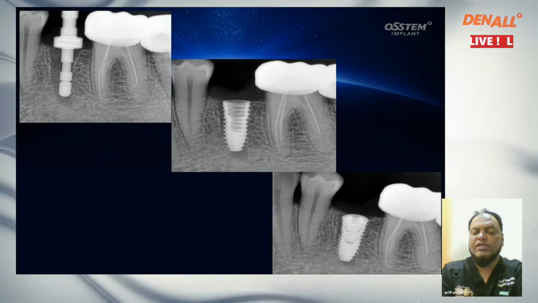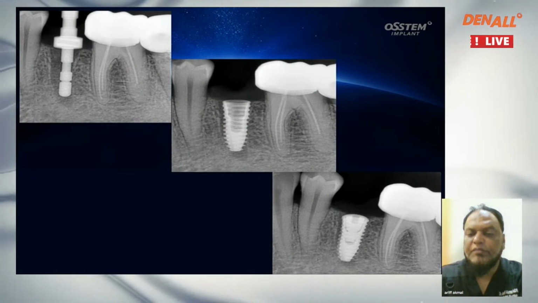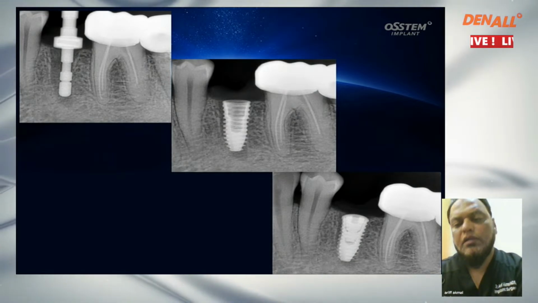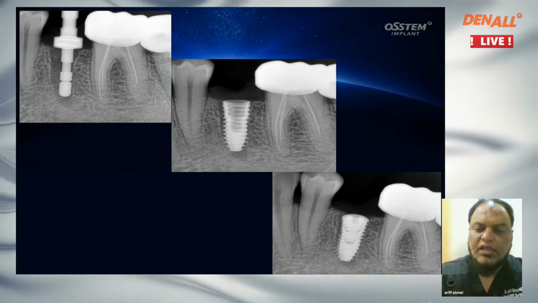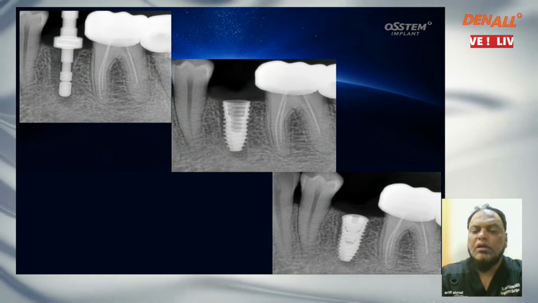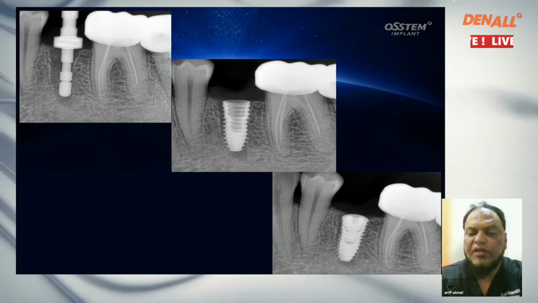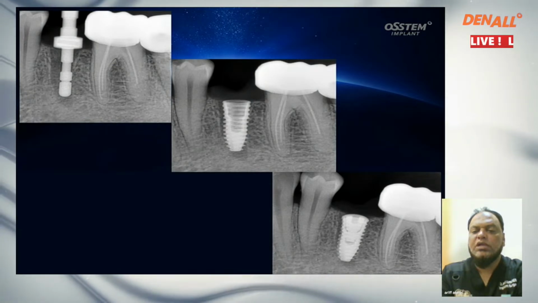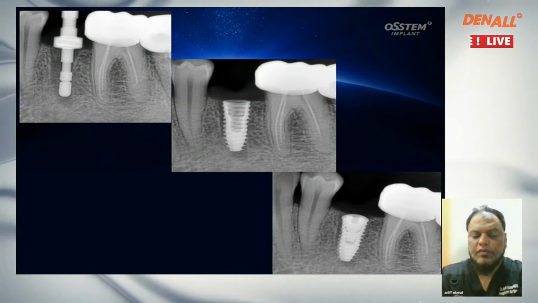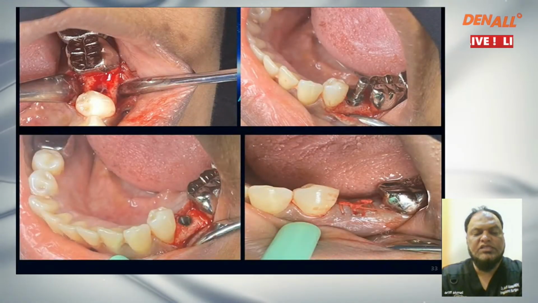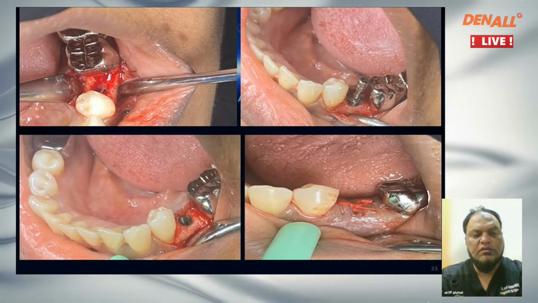You need not open for second stage. If the primary stability is less than 30, place the cover screw, close the flap, come back after 2 months for mandible and 4 or 5 months for maxilla, and you'll start the prosthetic phase.